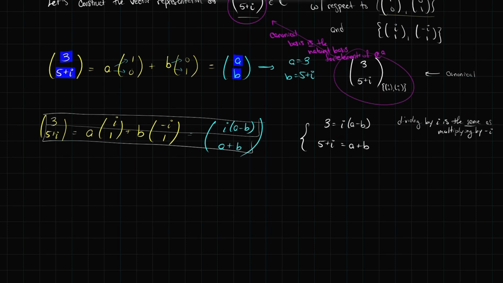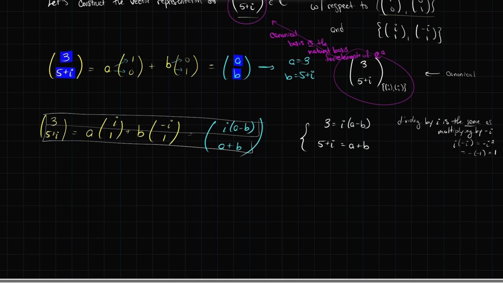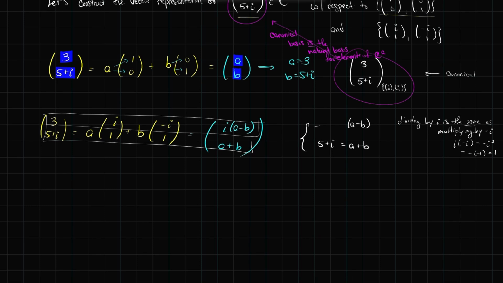You're going to see me do that shortcut all the time. Why is this true? Well, if you take i times negative i, you get negative i squared, which is negative negative 1, which is 1. And so it's to our advantage here to just multiply both sides by negative i, and we end up with negative 3i is equal to a − b.